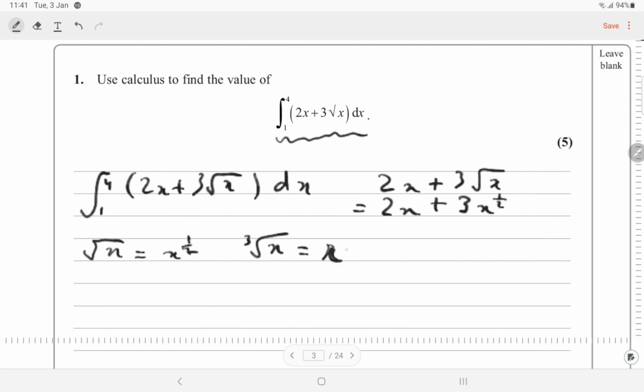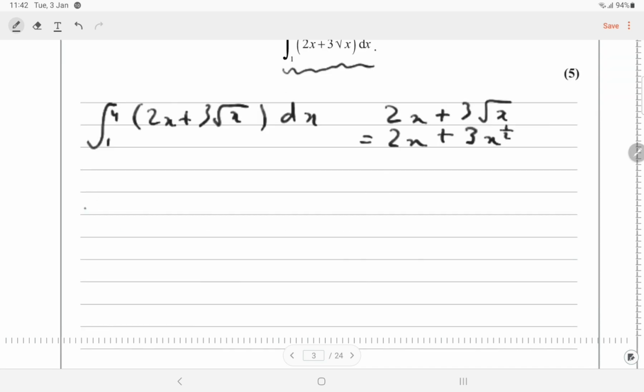I'm just rewriting 2x plus 3 root x as 2x plus 3x to the power half, so that it becomes simpler to do the next steps.